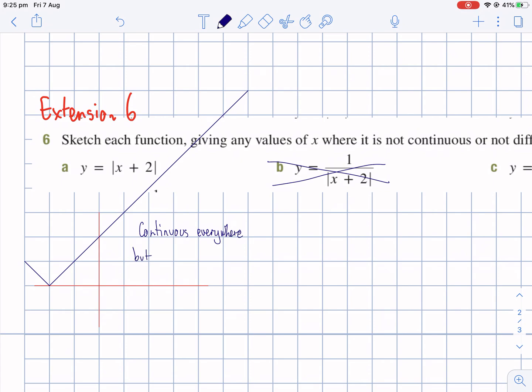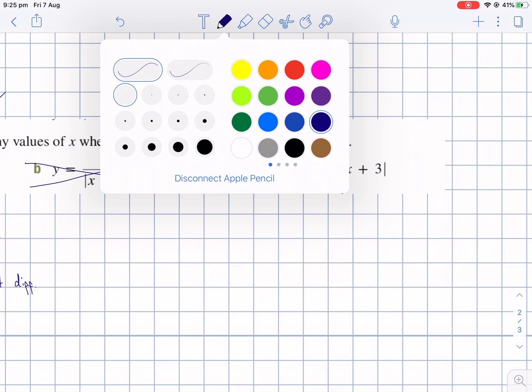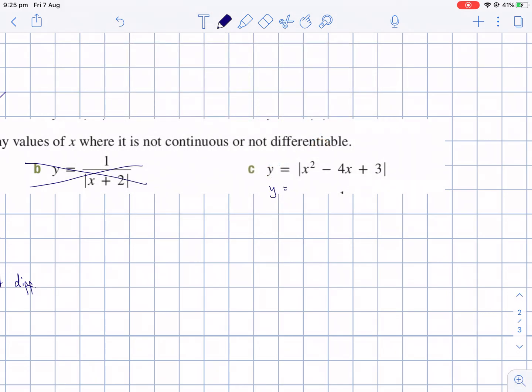But when it comes out as 0, it's not differentiable, because you've got this sharp thing going on. This one is the same as x take 3, x take 1.